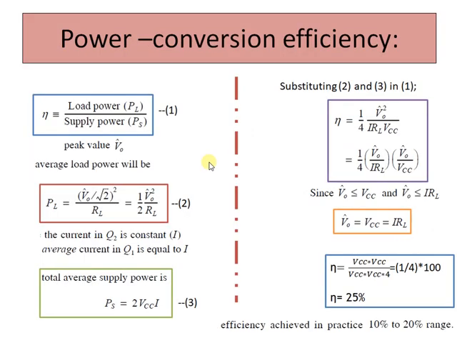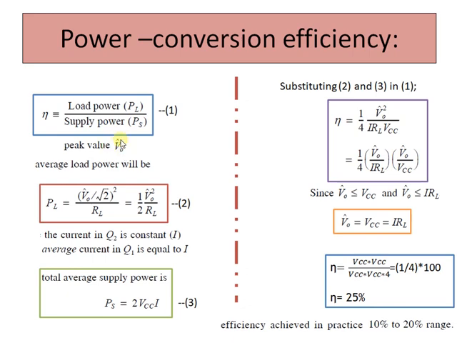Next is power conversion efficiency, which is denoted as eta. This is defined as the ratio of the load power divided by the supply power, that is PL by PS, and the peak value of voltage is denoted as V0 cap.